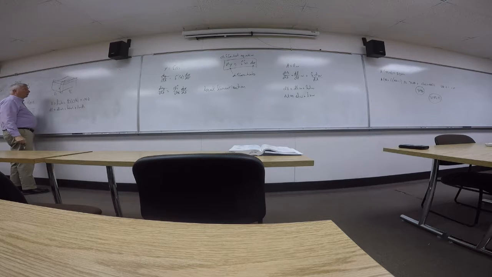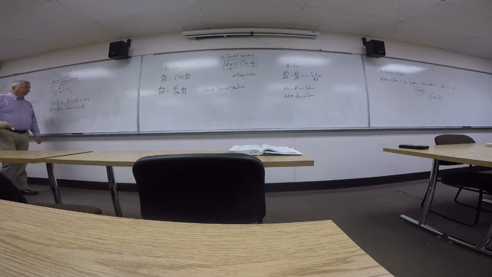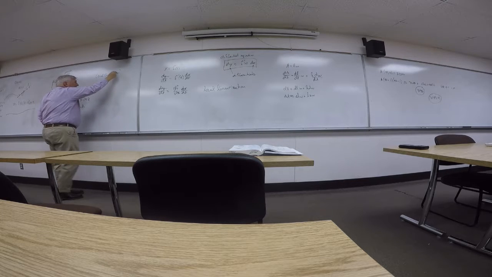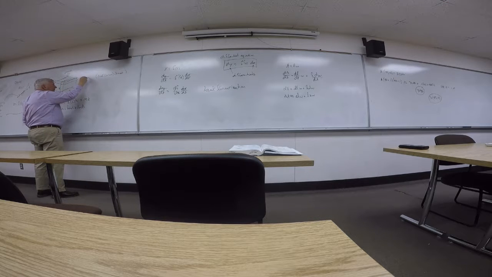And if I change all three things, I end up with a box that is change in L, change in W, change in H. So let's multiply this out. L plus change in L times W plus change in W times H plus a change in H, equal all that.